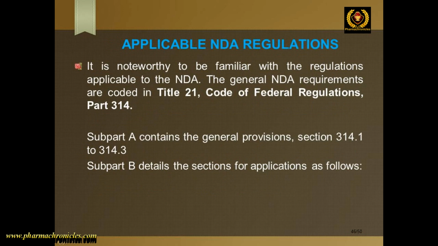Applicable NDA regulations. It is noteworthy to be familiar with the regulations applicable to the NDA. The general NDA requirements are codified in Title 21, Code of Federal Regulations, Part 314. Subpart A contains the general provisions, Sections 314.1 to 314.3.